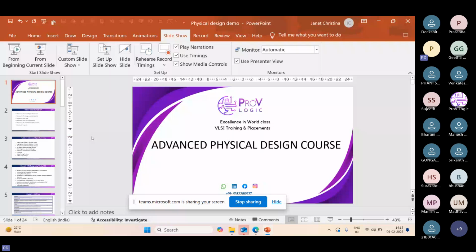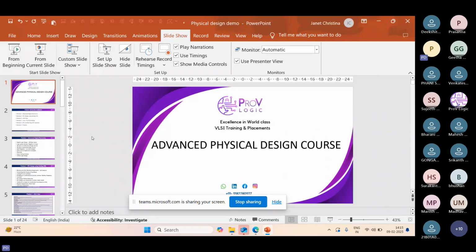Specifications as in frequency, power, the size of the chip and storage of the chip. All of these are called specifications. This is the first point where an IC is born.